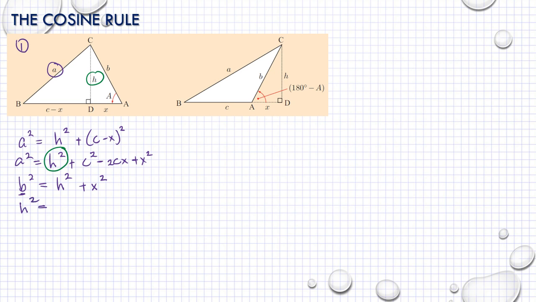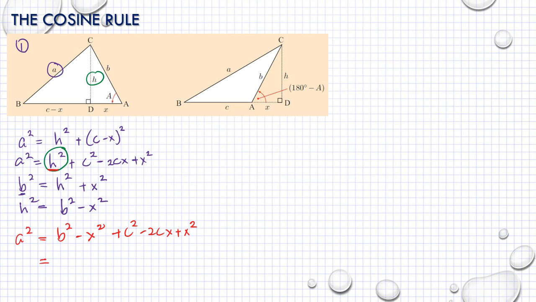So H squared is equal to B squared minus X squared. Substituting that, we have A squared is equal to B squared minus X squared, the value of H, plus C squared minus 2CX plus X squared.